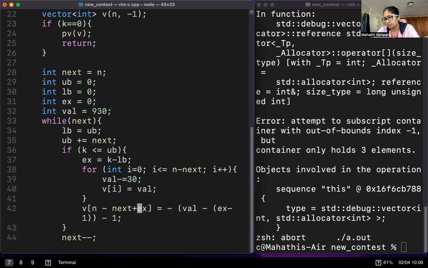N minus next plus x. V of 2 equals something.